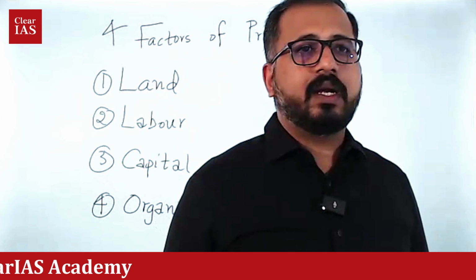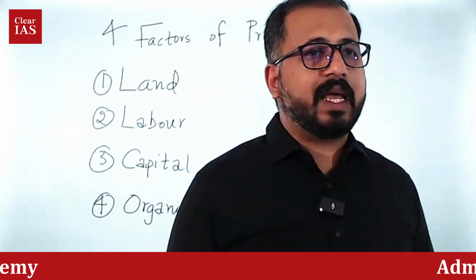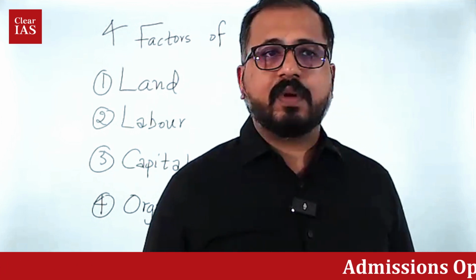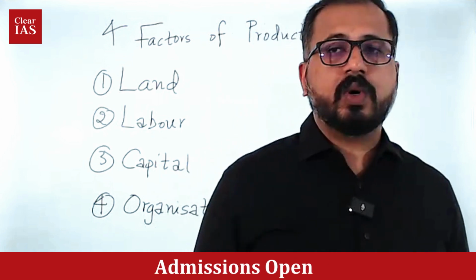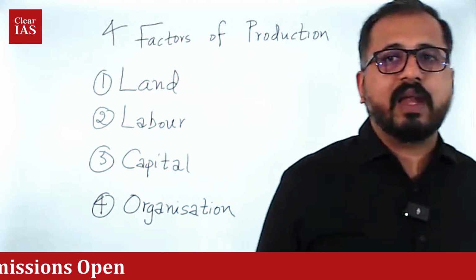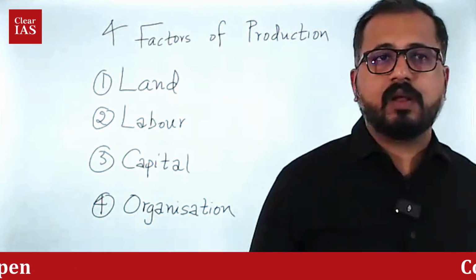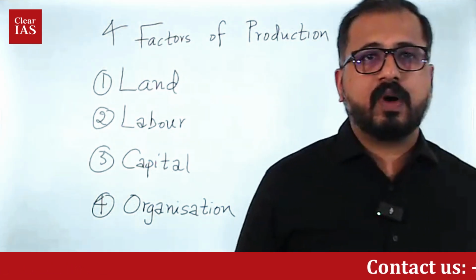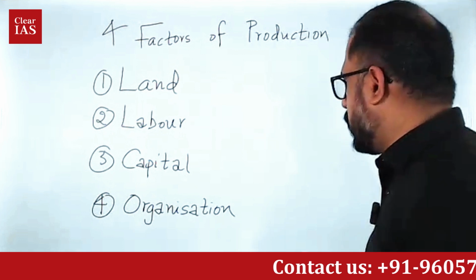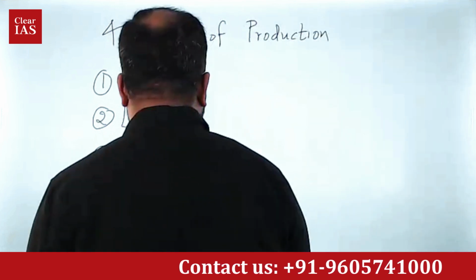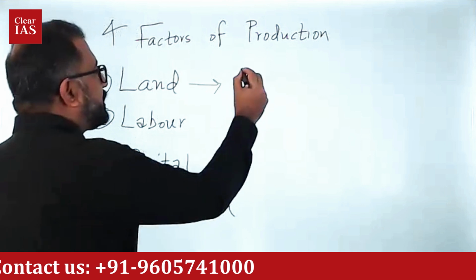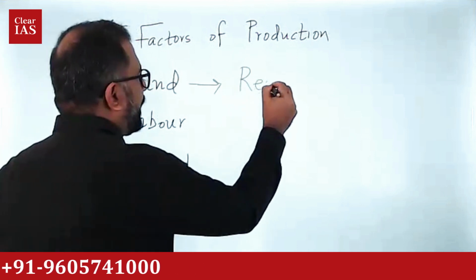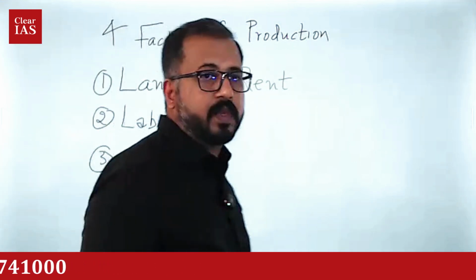He will be taking land from somebody who has land, right? So he has to give something to that landowner. What will he give? Rent. You're right. So the land gets rent.